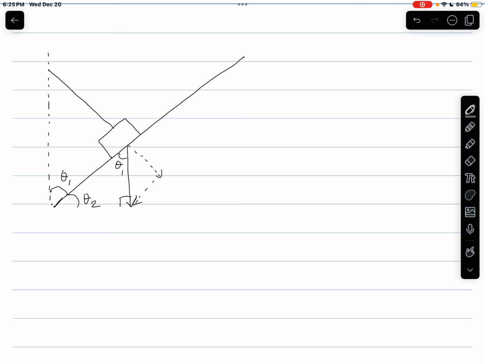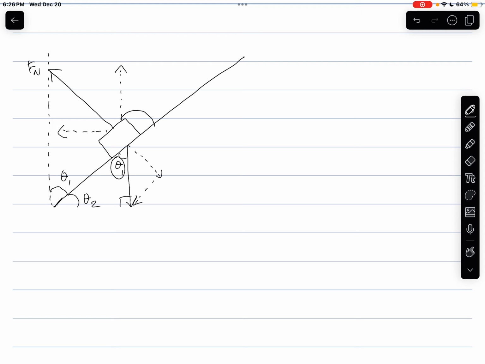And then there's also Fn. I'm going to make Fn touch this so it's easier to see. But realistically, Fn is not going to look that much greater than Fg. So that's Fn, and then there's also Fny, and this is going to be Fnx.